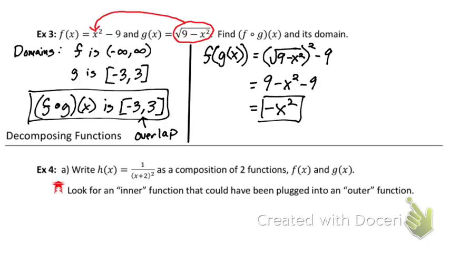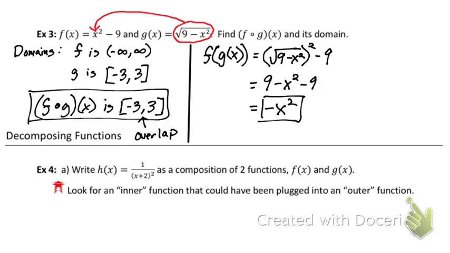Here's why I did the domain first. If you do the domain now, you're going to fall in the trap of saying it's negative infinity to infinity, because it's just negative x squared, it looks like it. I promise you, if you graph this in your calculator and you zoom out, you're going to see it's an upside down parabola, but it only goes from negative 3 to 3 and just stops.